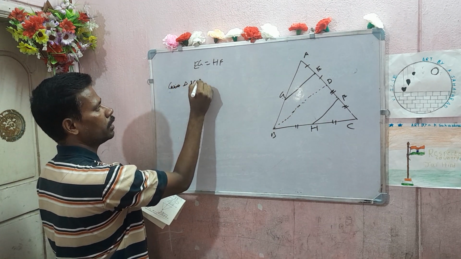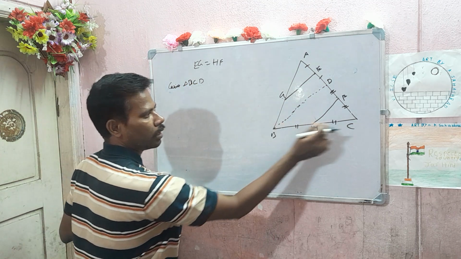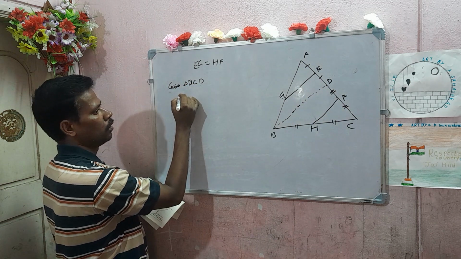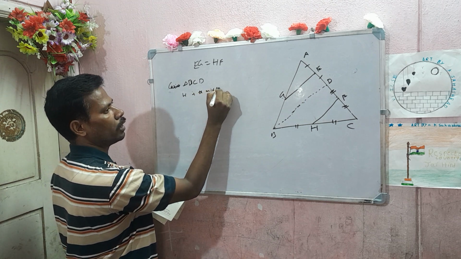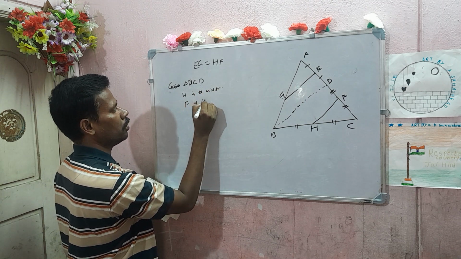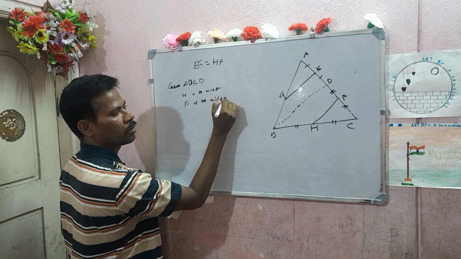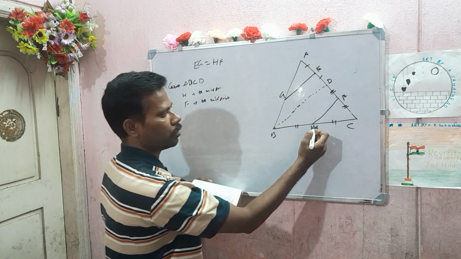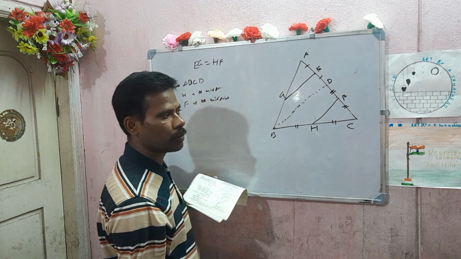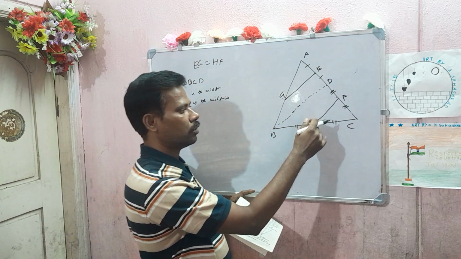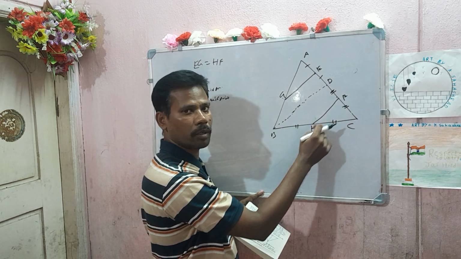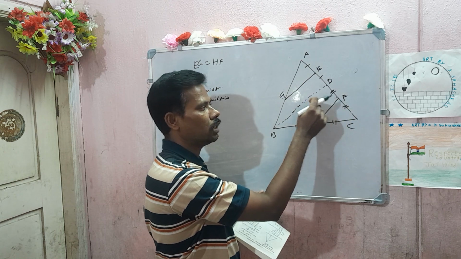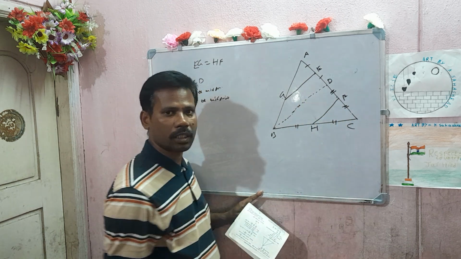Consider triangle BCD. H is the midpoint, F is the midpoint. There is one theorem in 9th standard: the line segment joining the midpoints of two sides of a triangle is parallel to the third side and also half of the third side.